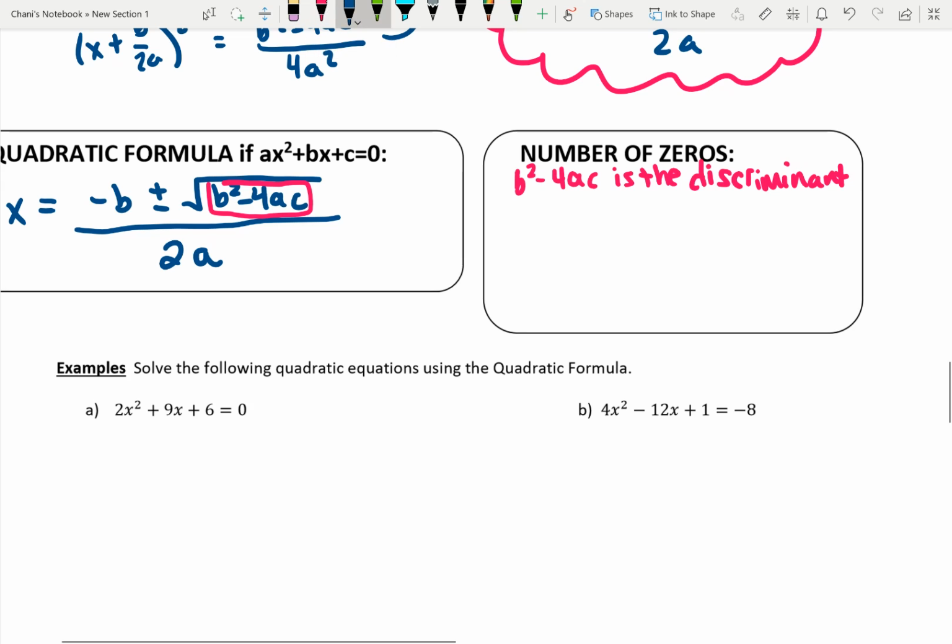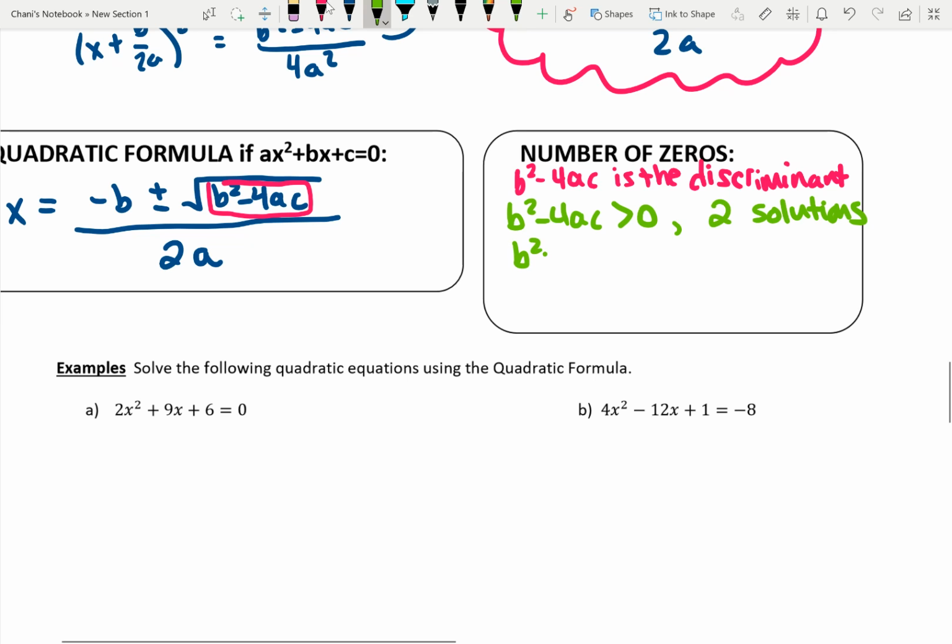So if b squared minus 4ac is positive, then there are 2 solutions. That's because you're going to add a number and subtract a number to get your 2 different solutions.